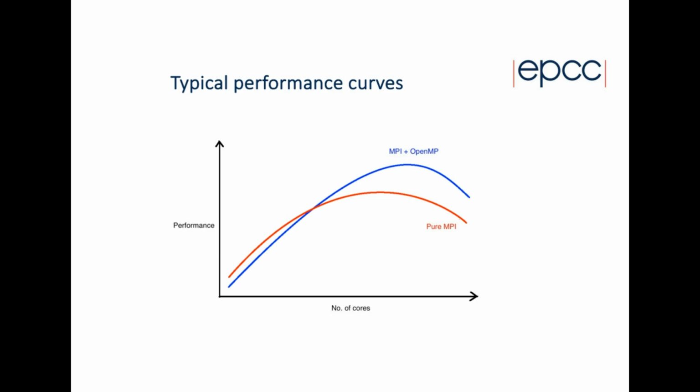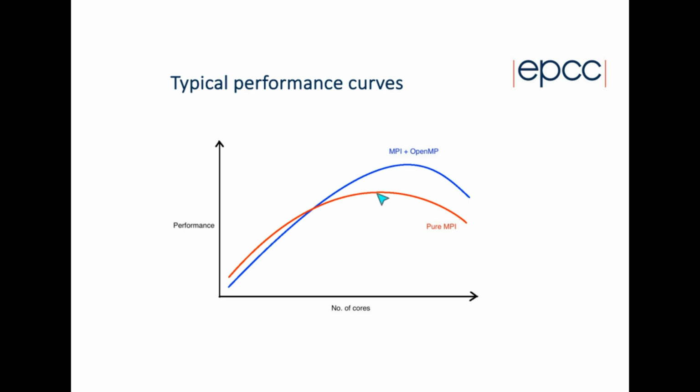Plot some performance metric where high is good against the number of cores that we use. Then typically what you find for parallel applications is that for small numbers of cores they will scale well, maybe almost linearly, and then eventually the scalability starts to drop off.